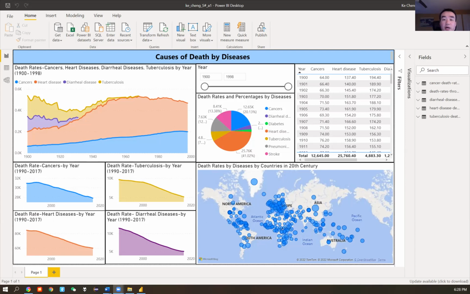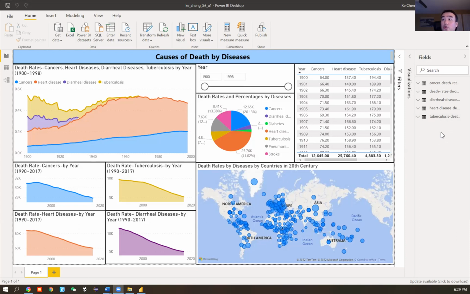Then I changed the words into the death rates of disease. I found an interesting website named Our World in Data. There were some research articles and datasets which I could use in this report. In this report, I used 5 datasets found on this website.